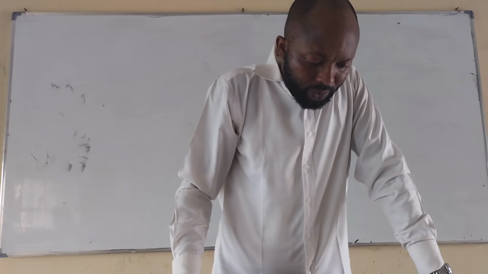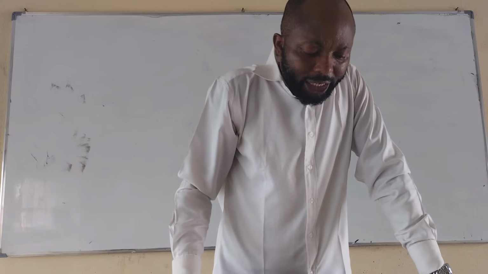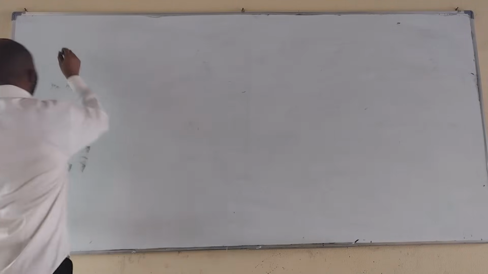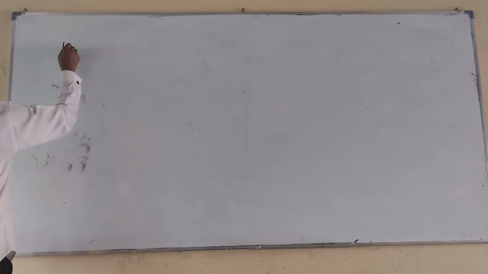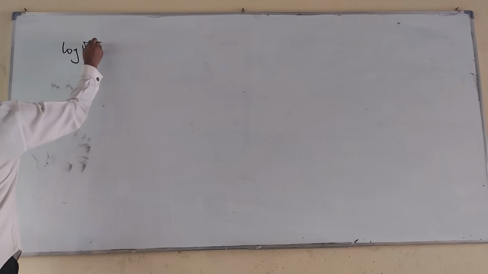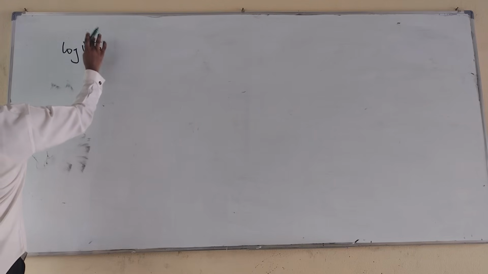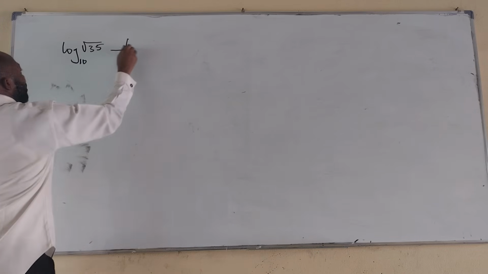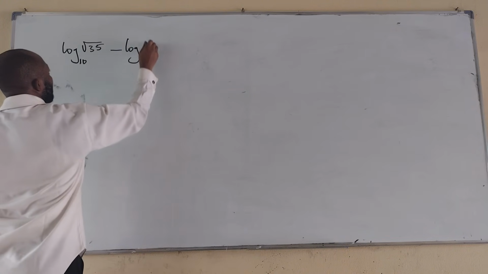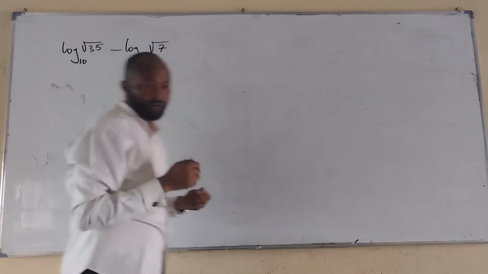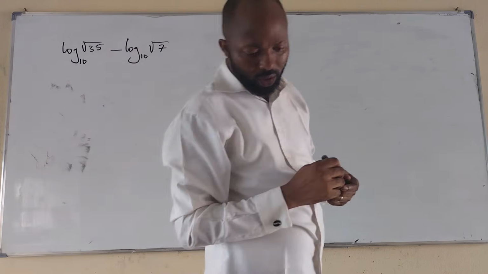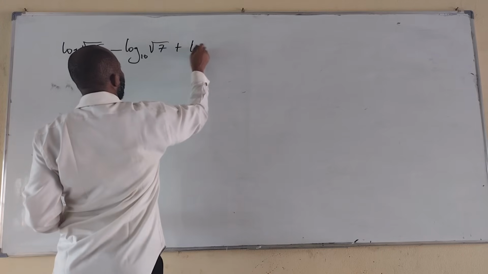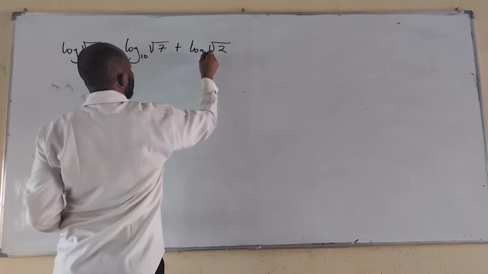Okay, let's take log root 35 base 10 minus log root 7 plus log root 2, all in base 10.